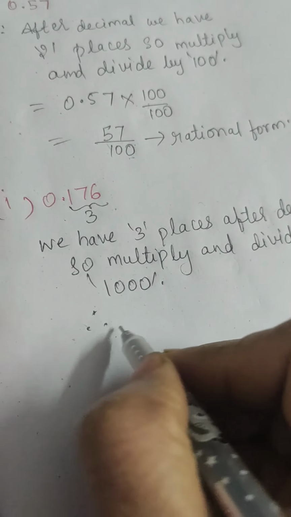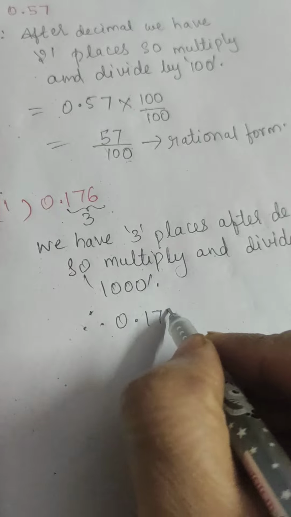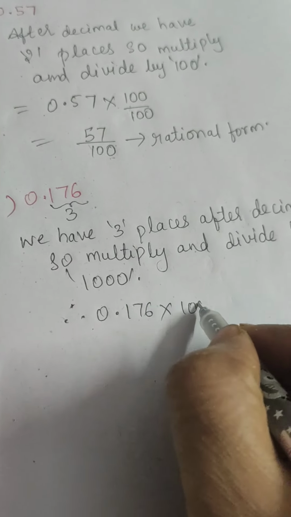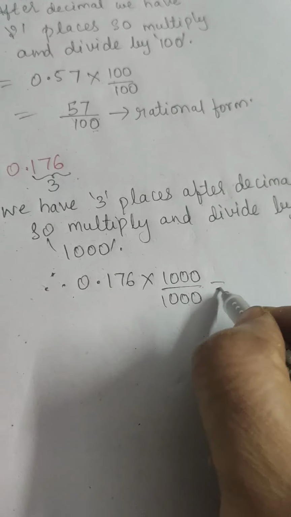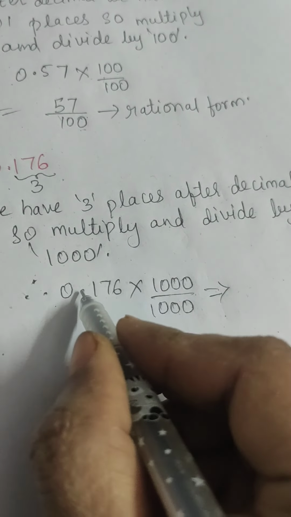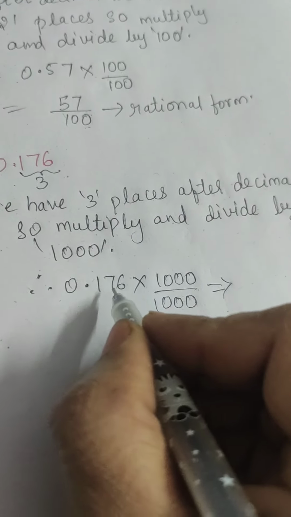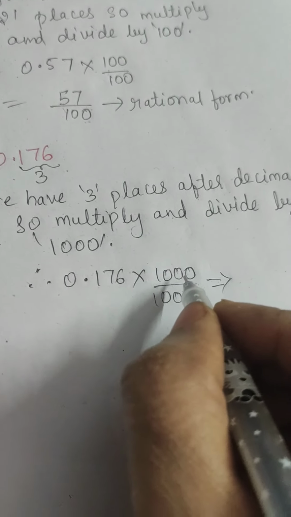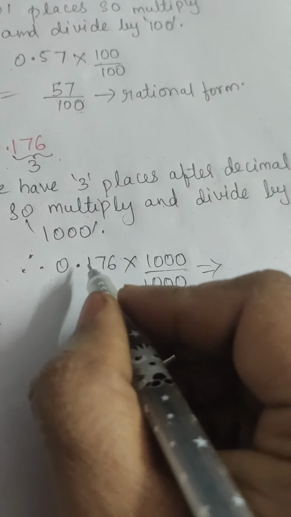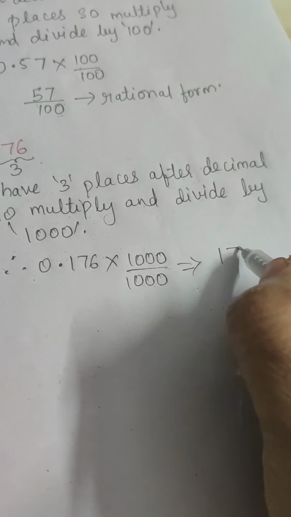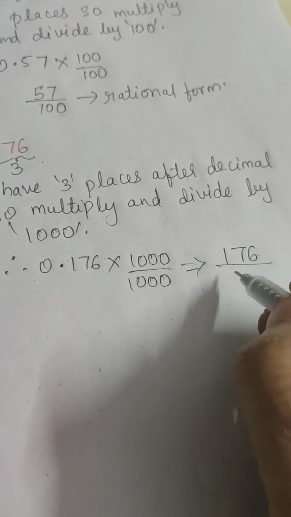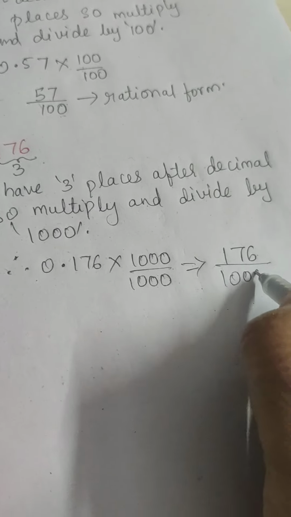Therefore 0.176 into 1000 by 1000. The decimal point is after 3 numbers, but we are multiplying with 3 zeros, so the decimal point cancels and we get 176 by 1000.